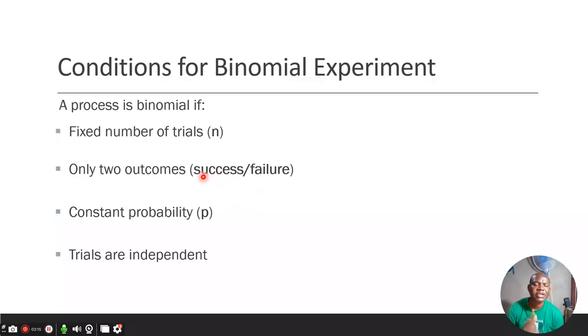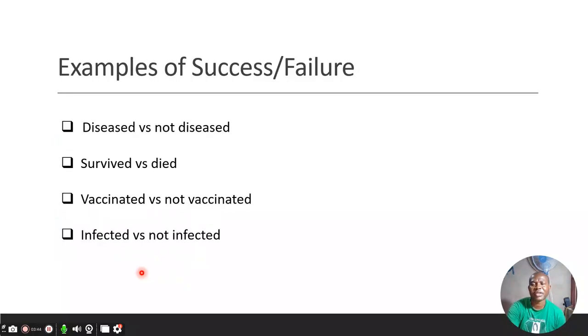The second important condition is only 2 outcomes are expected from a trial, either head or tail, true or false, success or failure. There must be absolutely 2 possible outcomes. And of course, again, the constant probability: the probability of success must be constant. An independent trial must be established. The independence of each trial must also be established.